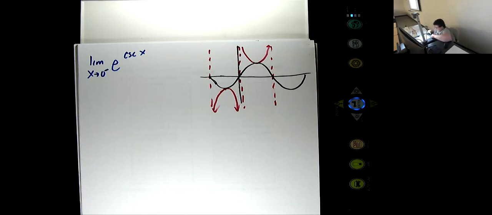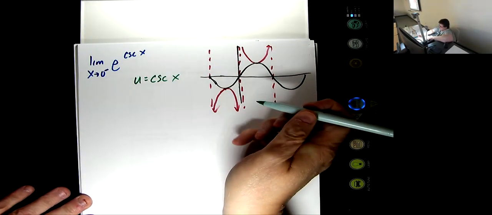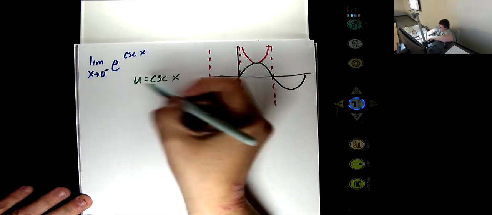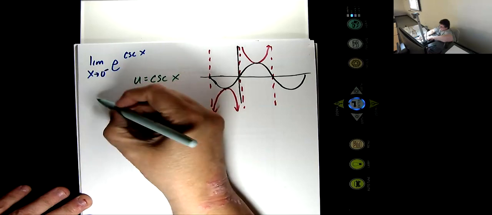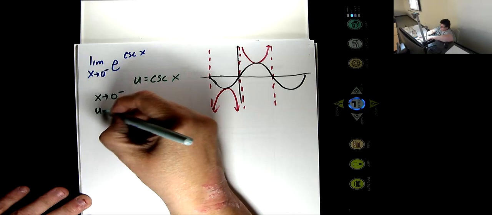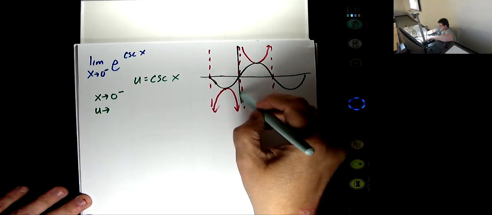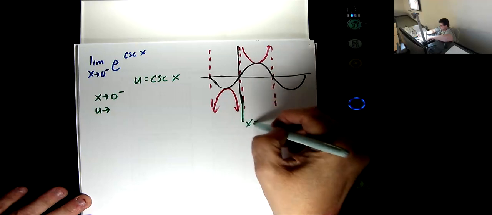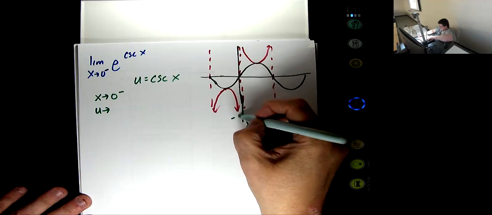So this is a little confusing. I'm going to say u equals cosecant x. And so I want to translate my limits for x to limits of u. So as x approaches 0 from the minus side, what is u approaching? This is the x equals 0 line. So from 0 minus, it's actually approaching negative infinity.